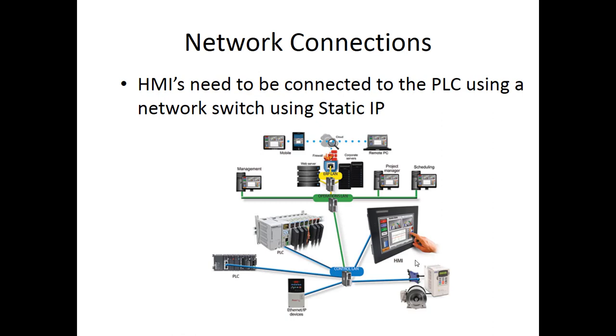Our network connections. So HMIs need to be connected to the PLC using a static network through a switch. So this shows an example here of a switch, and there's some drives and PLCs and everything that all run into this, and then this runs to another switch and runs something to the LAN, and this can be connected to other PLCs and other devices and other computers, kind of similar to what we have going on with the World Wide Web, where you're fully connected.